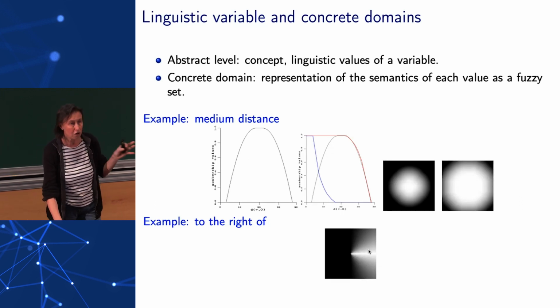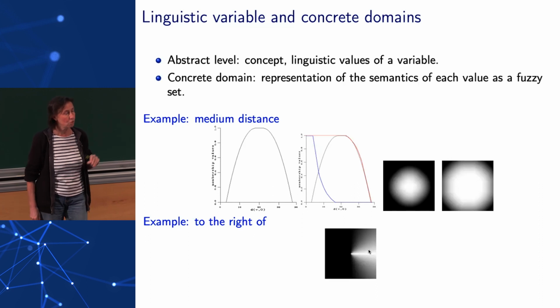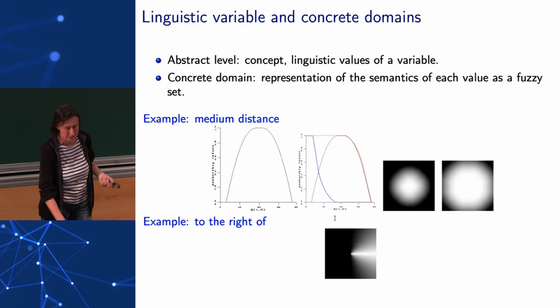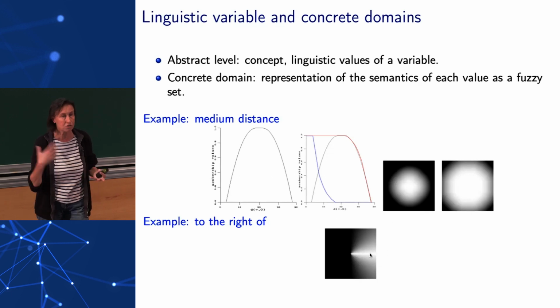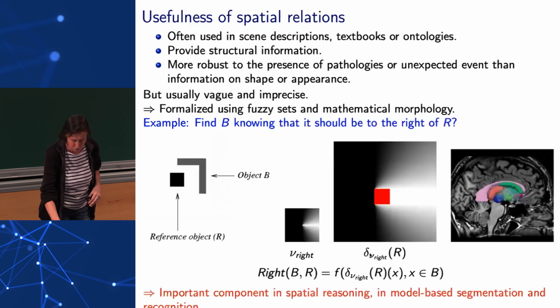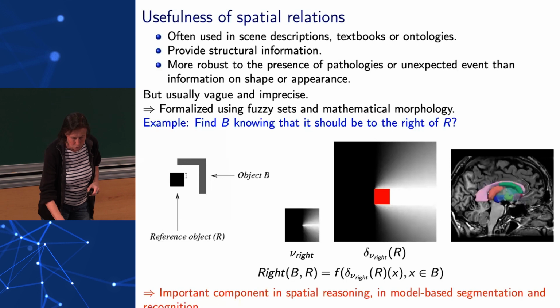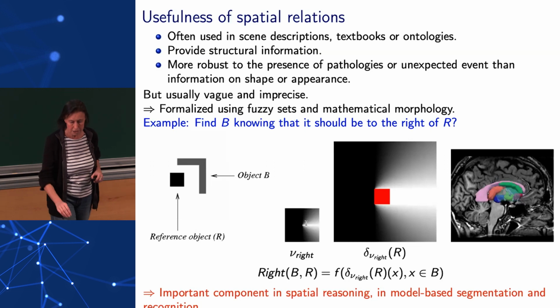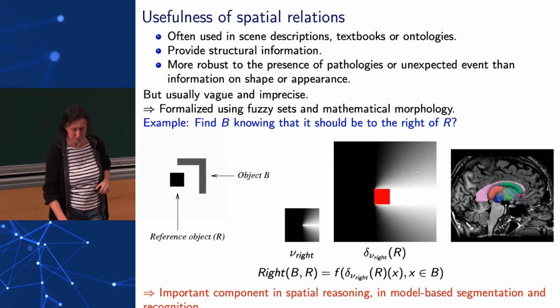Then if we have an object and we want to know what the region to the right of this object is, we just have to dilate the object by this fuzzy set considered as a structuring element in mathematical morphology. That's illustrated here. We have this square, which is in red in this image, the structuring element representing the semantics of right, and the result of the dilation of this object.